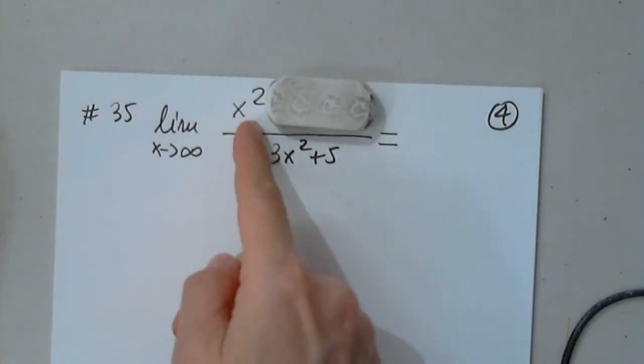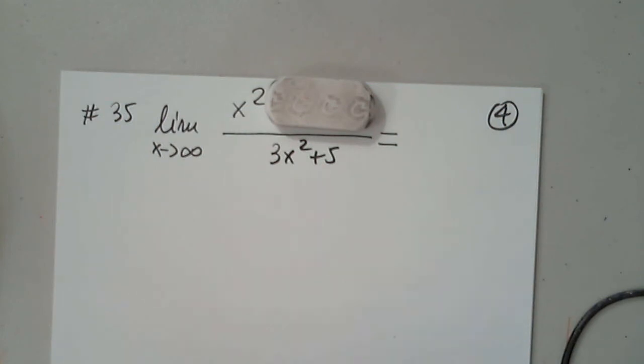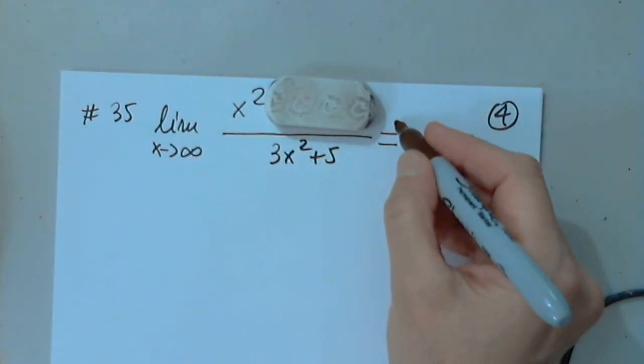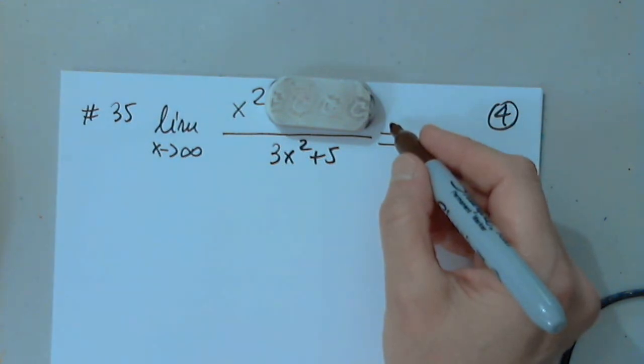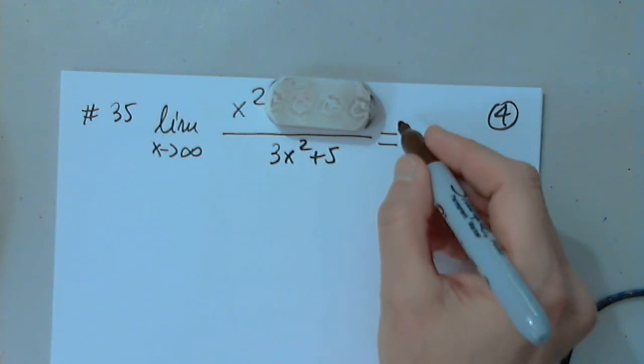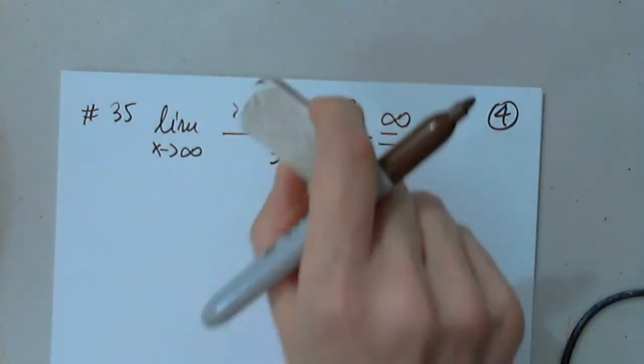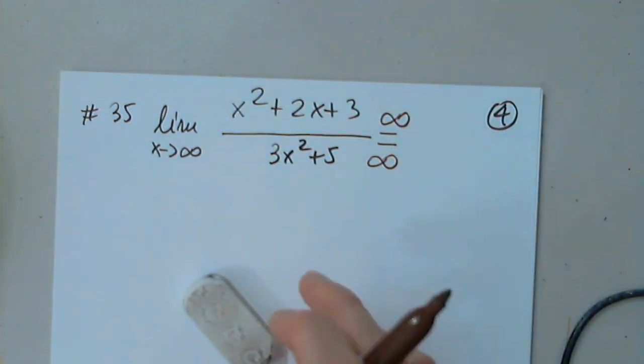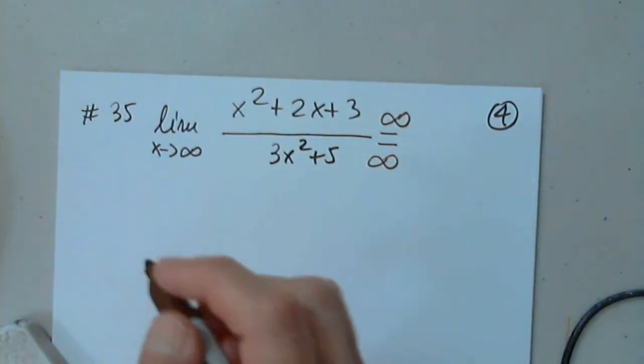So now I'm asking, where is the numerator going? When x approaches infinity, where is this going? Like up. Very good, infinity. Good. Same thing here, infinity. This is another indeterminate case.